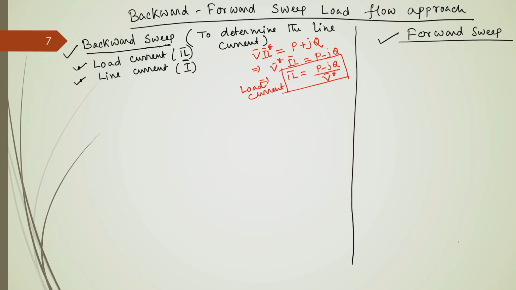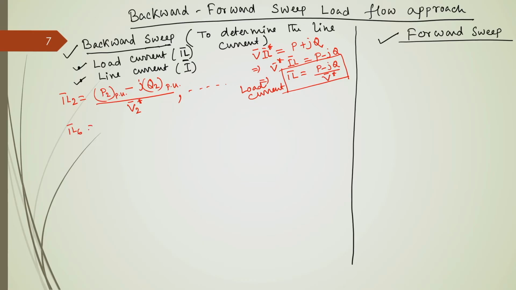So, we can find out this load current for all these locations, because we know this P and Q for all these locations. Let us write it like I L 2 is equal to P 2 per unit, because we already converted this power into per unit, minus j Q 2 per unit divided by V 2 star. Okay. Similarly, we will determine all other load current.